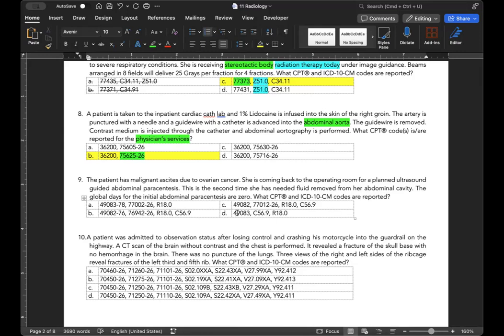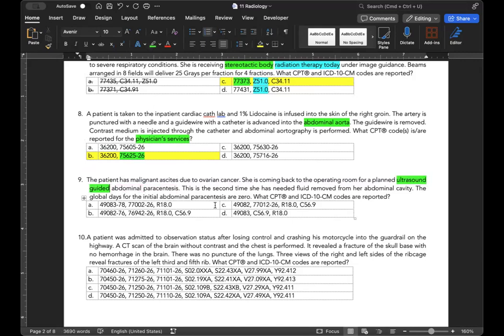49082 is an abdominal paracentesis, diagnostic or therapeutic without imaging guidance. And then 49083 is with our imaging guidance. So did we use imaging guidance? No. Oh, no, we have our ultrasound guided.